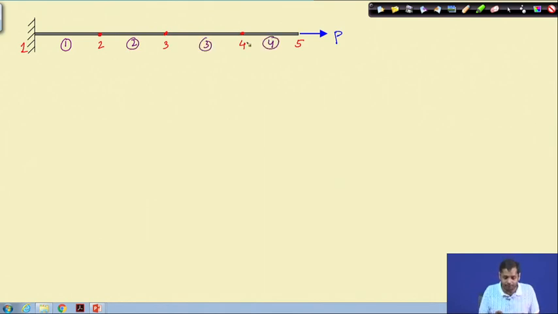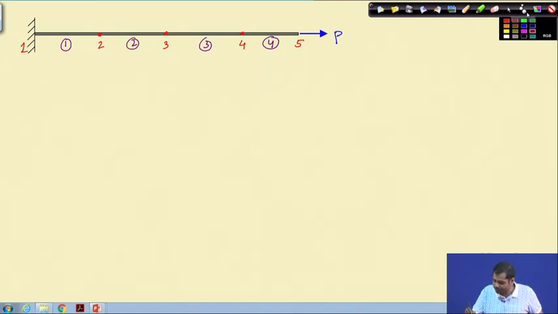If we take any arbitrary element, say element 3, it is connected between node number 3 and node number 4, the same way we did in that method. Now, what we did in the direct stiffness matrix method, for a representative structural component, it could be a truss, a beam, a frame or anything, we derived the stiffness matrix. Let us do that exercise right now.